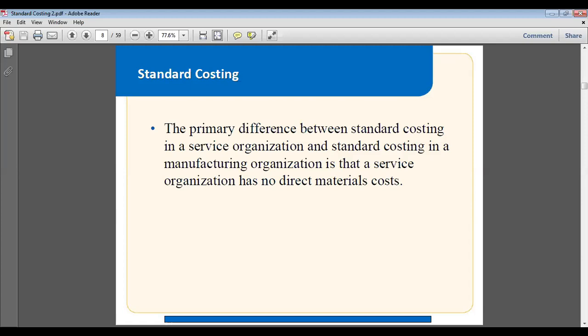When we service a product, there is no direct material cost, because the material is already produced. Although direct labor cost is involved, because the technicians and mechanics who are overhauling the machine or automobile are included. So they have direct labor cost but no direct material cost in case of servicing.